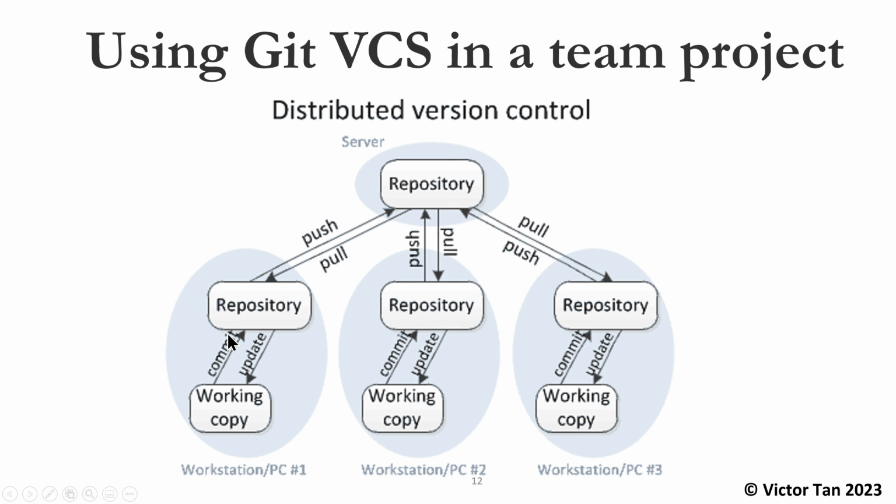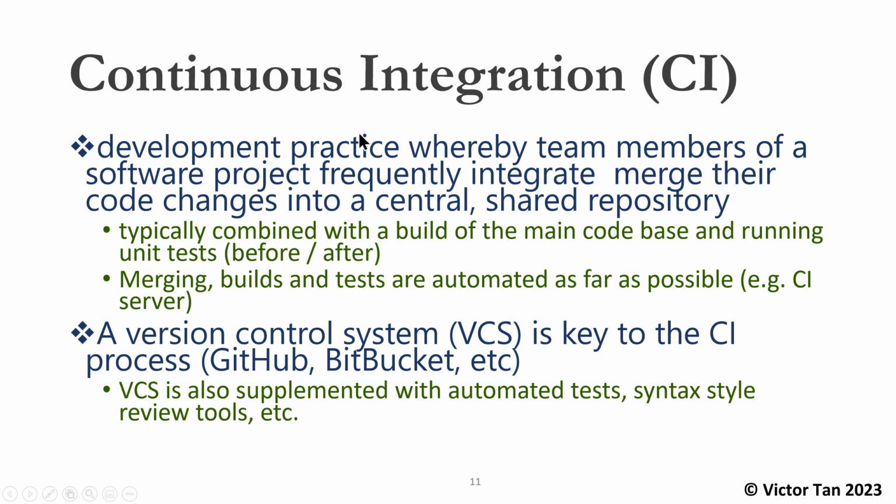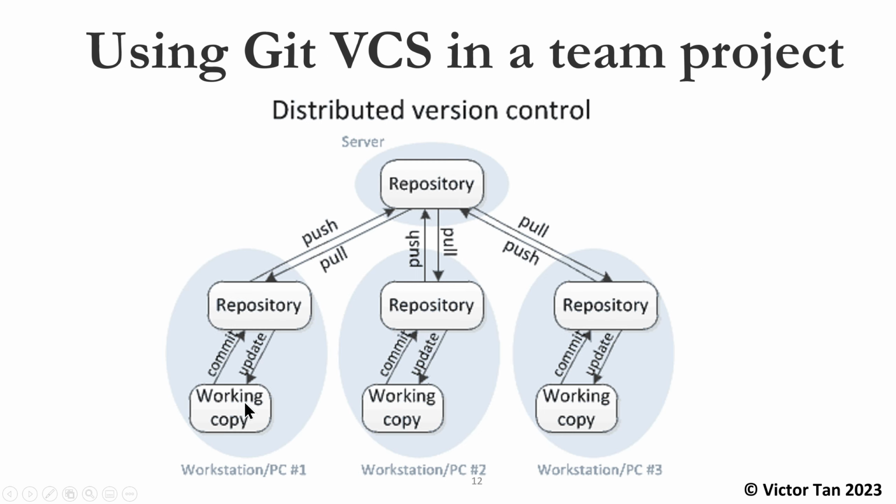Okay, and then when they're done, they're going to push all these changes back to the repository. So the idea here is you want to be constantly pushing after you make a certain number of changes. That's the whole idea of CI: you are going to frequently integrate or merge whatever changes you make while you're working on your local repository back to the remote repository.